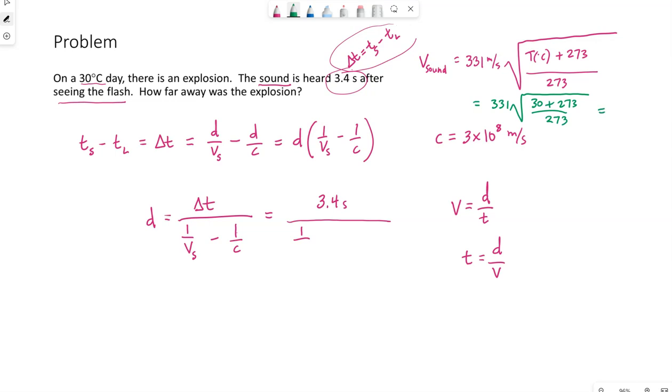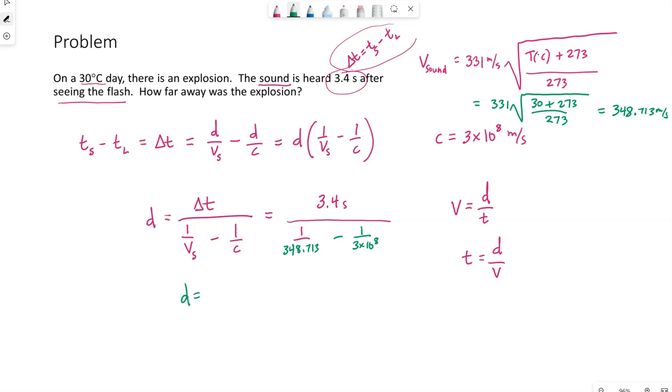On this 30-degree Celsius day, I'm finding that the speed of sound is 348.713. So that's the value going in here. I'm just keeping the value in my calculator and using that. Speed of light, 3 times 10 to the 8th.